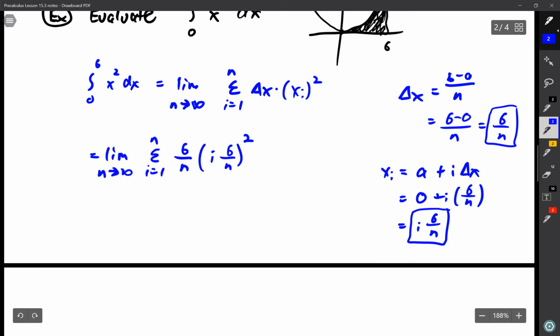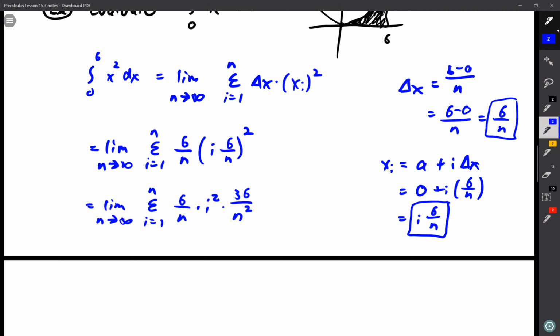Okay, well, let's simplify. So this is the limit as n approaches infinity of the sum from i equals 1 to n of, well, let's see, I have this 6 over n still, but when I square this, I get i squared times what? 36 over n squared. Okay?